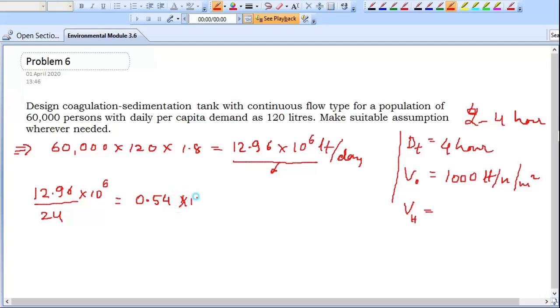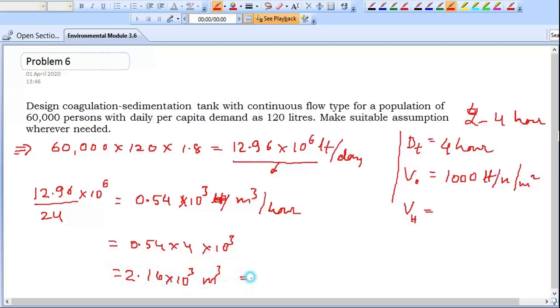I will make it into 10 raised to 3 meter cube per hour. Now for 4 hours I want, therefore 0.54 into 4 into 10 raised to 3. This is 2.16 into 10 raised to 3 meter cube, 2160 meter cube. This is the volume of the tank.